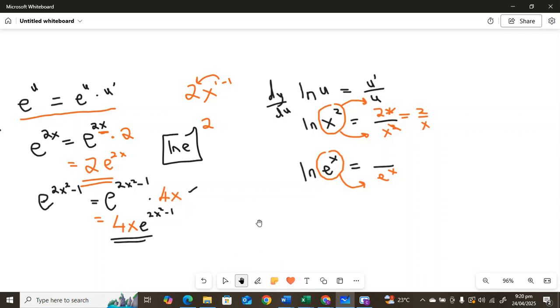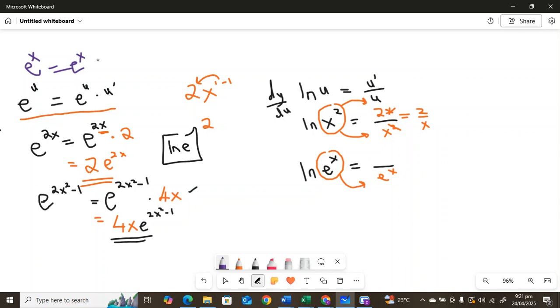Almost close. Let me put it this side here. So when we derive e to the power x, you write the expression as it is.